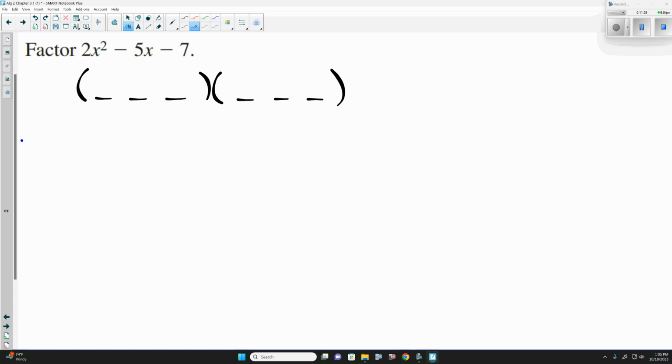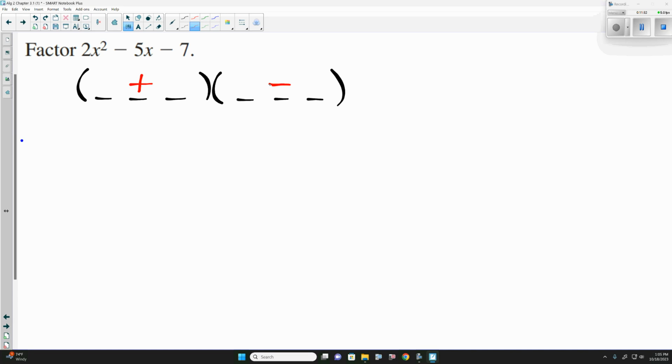If the third term is positive, the signs are the same and match the sign of the middle term. If the third term is negative, then the signs are opposite. So that means one of them is going to be positive and one is negative. It doesn't matter which one we put as positive and which one we put as negative. We just have to set one as positive and one as negative.